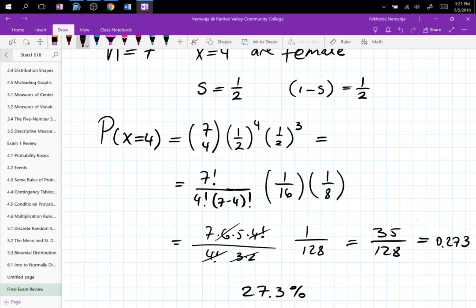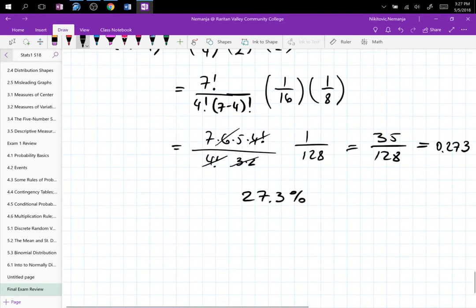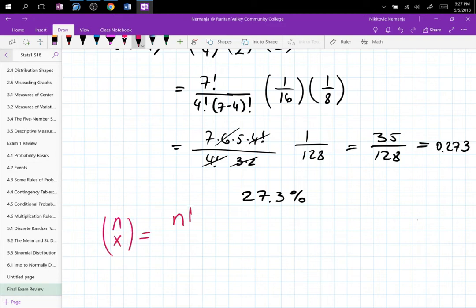Yes? Could you write out the formula for n choose x again? Like for the order? Oh, sure. 7 minus 4 is 3 factorial. 3 factorial is 3 times 2 times 1.